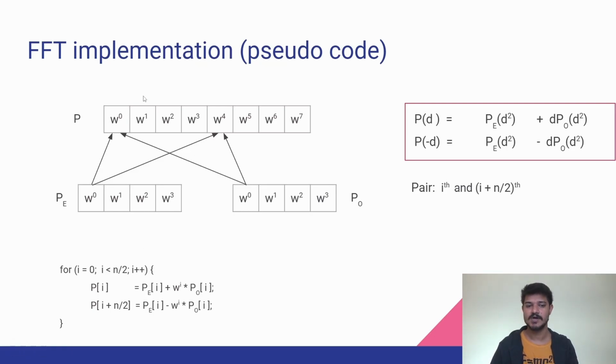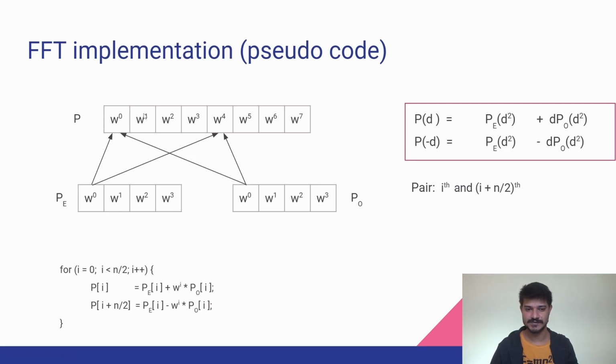That's why that power. When i is equal to 1, P needs to be evaluated on W raised to power 1. That's why here. So you might want to ask why, when I'm evaluating basically P of i plus 4, W is not raised to the power 4? Because 0 and 4 are evaluated together.